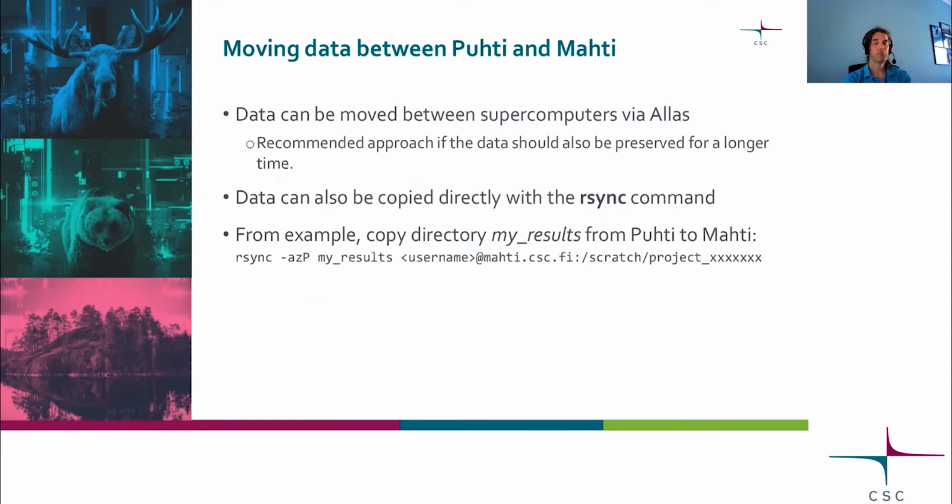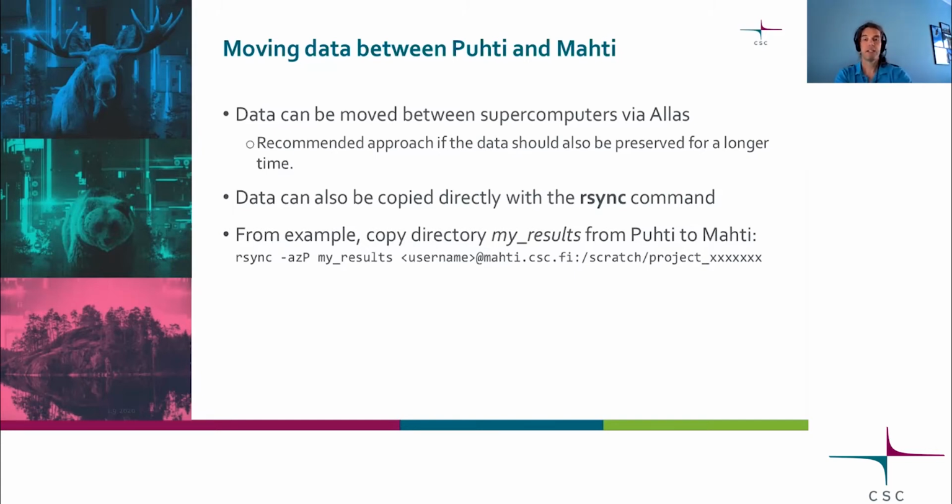There are two basic tools or approaches one can use, especially if you have a large amount of data which you think should be preserved for a longer time, maybe also shared to other places than Puhti and Mahti. Using Allas data service might be convenient, but if you just need to quickly copy something from Puhti to Mahti or vice versa, you can use the rsync command.